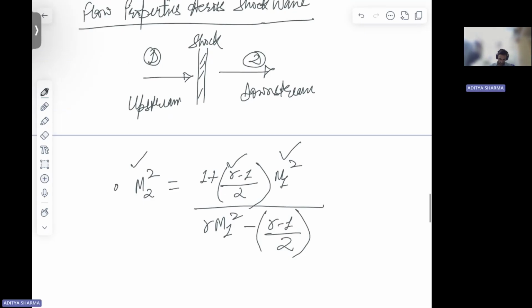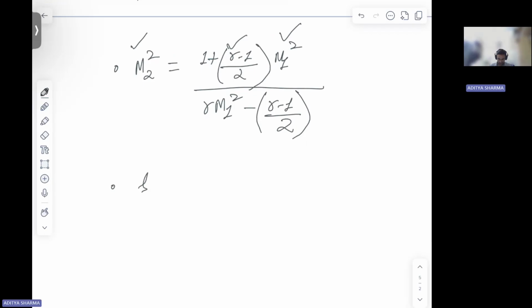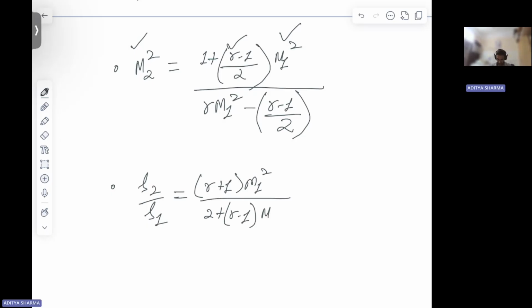So this is there. Static density also can be found out, which is (gamma plus 1) M1 squared divided by 2 plus (gamma minus 1) M1 squared.